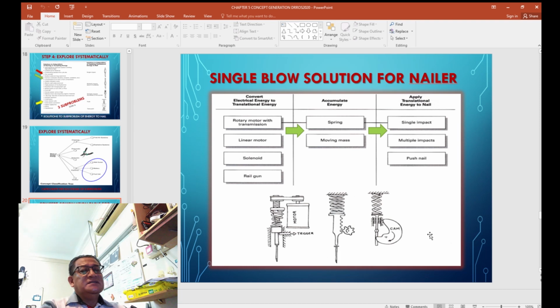For example, like this, the motor is winding the spring upward, and later the spring is storing the power internally, and with the release of a latch, the spring is unsprung and it will deliver the punch toward the cam, and the cam will deliver the punch towards the nail, and the nail goes inward towards the wood.